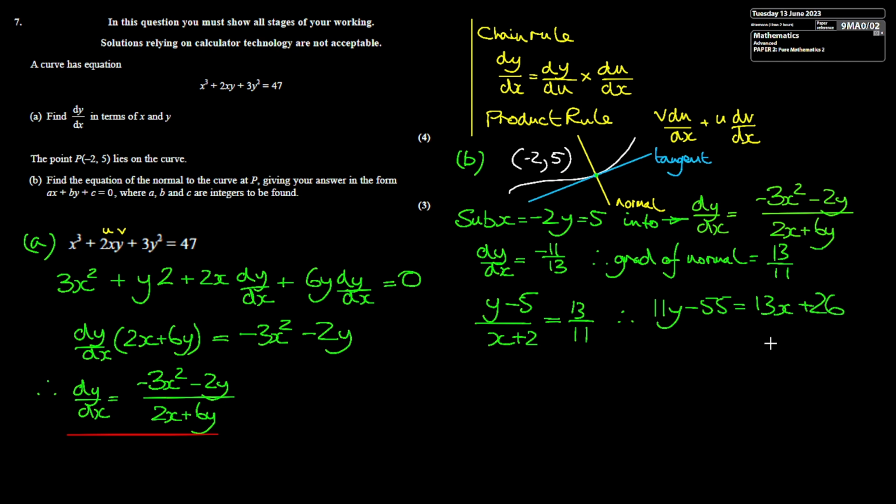We can put the numbers together, and they want everything on the left. So this is going to be 11y. The 13x is going to hop sides and become negative 13x. The negative 55 is to be joined by 26, which is now negative, so this is negative 81, and that's equal to 0. And that's the answer to part B.